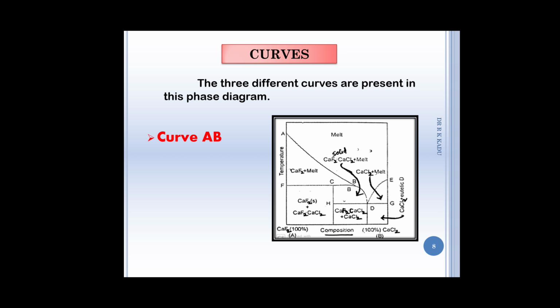The first curve is curve AB, second is curve BD, and third one is curve ED. Now let's discuss each and every curve in detail and apply the condensed phase rule for each curve.